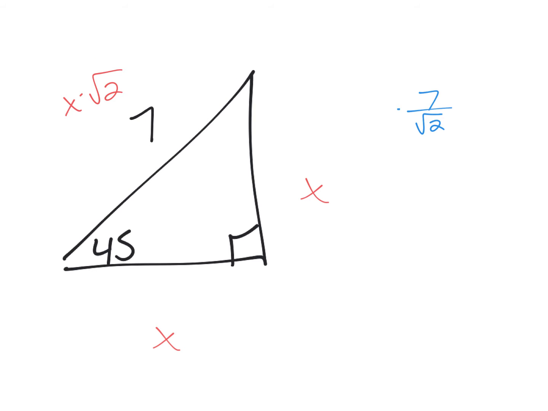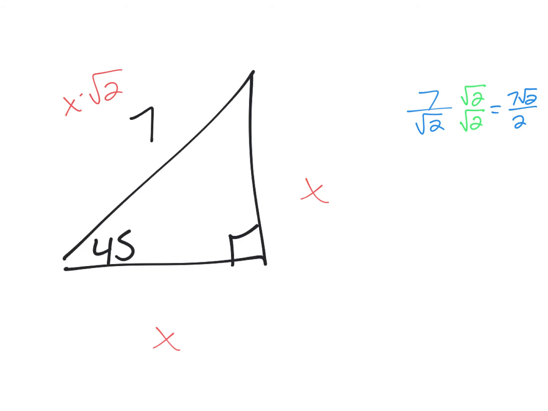How you do that is you multiply it by itself. And whatever you do to the bottom, you must do to the top. So then this would equal 7 square root 2 over square root of 2 times square root of 2, which is just 2.